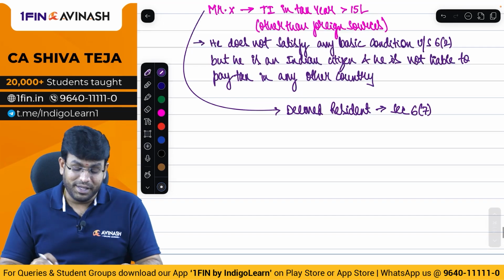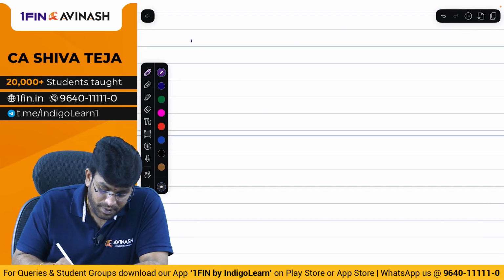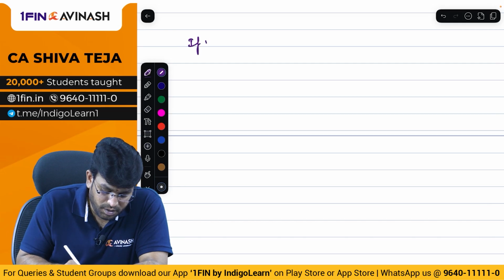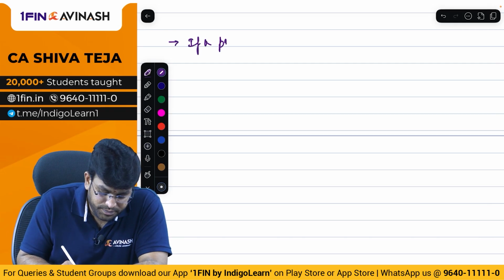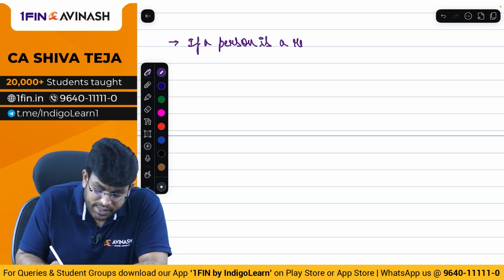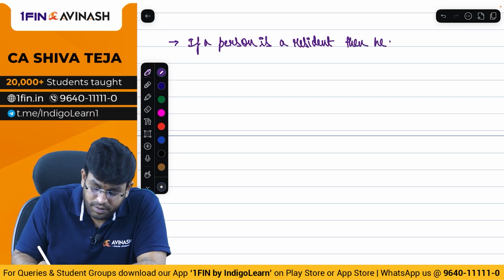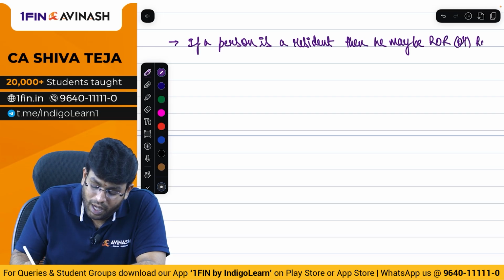Clear, friends? Excellent. Now listen. Listen very clearly now. If a person is a resident, then he may be ROR or RNOR.